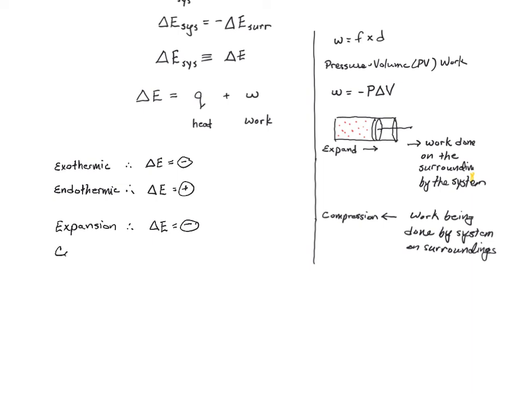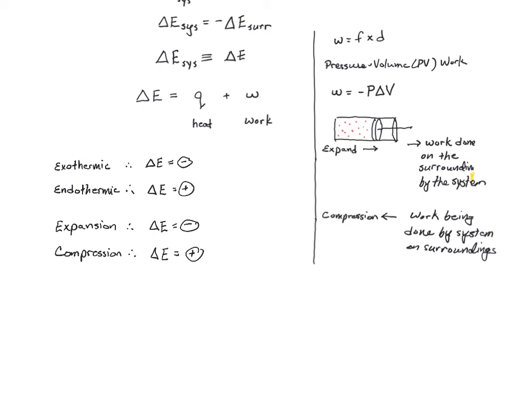If the system is undergoing compression, the molecules that were just hanging around before are being squeezed together. That's giving them more energy. So the change in energy there will be positive.